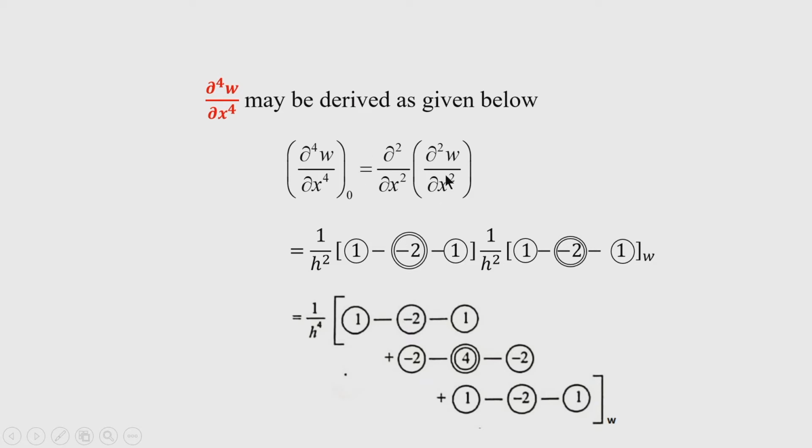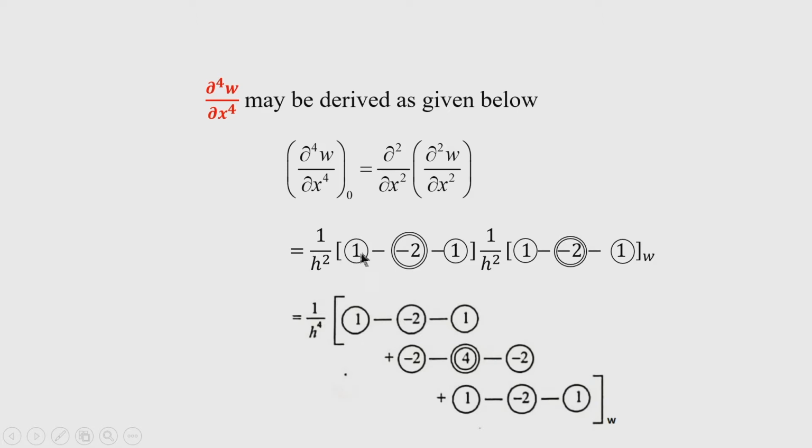This is the operator. Then again del square W by del x square here, but here the W value is W minus 1 with coefficient plus 1, then W1 coefficient is plus 1, and W0 coefficient is minus 2. Term by term multiplication lets you arrange it in this form.